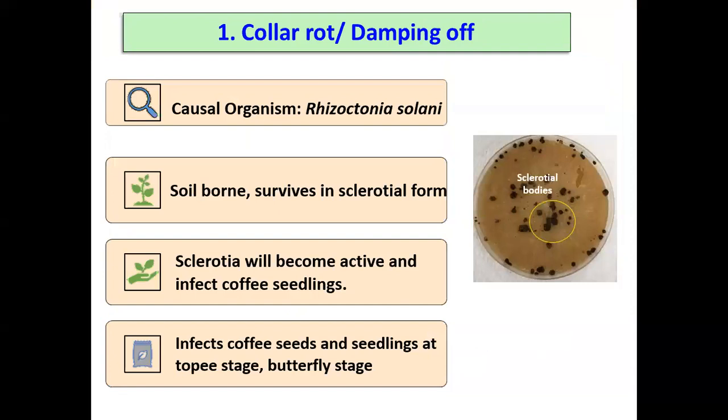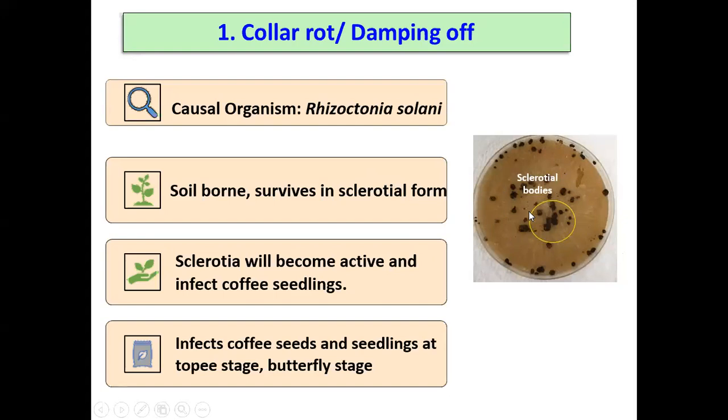And coming to collar rot disease, it is also called as damping off disease, and it is caused by the fungus Rhizoctonia solani. And this fungus is soil borne in nature, and it survives in the sclerotial form. See here, you can see the lab grown Rhizoctonia solani. And once the food exhausts in the growing plate, it will form the sclerotial form.